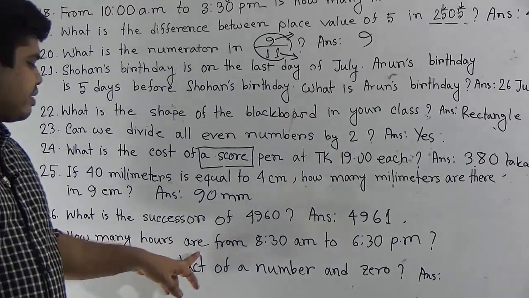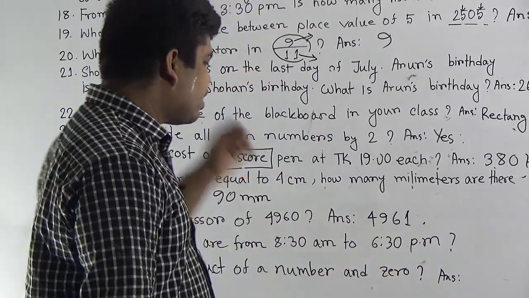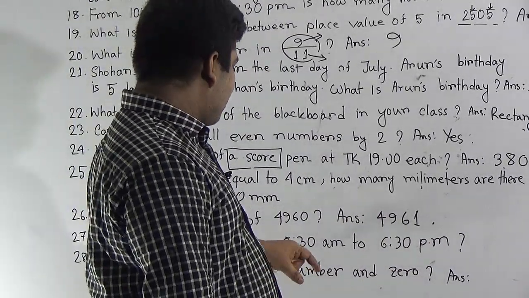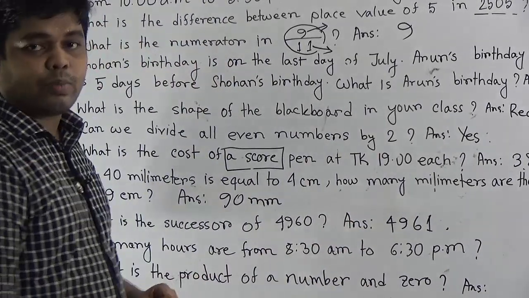How many hours are from 8:30 a.m. to 6:30 p.m.? Before starting to solve this math, you need to know 8:30 a.m. to 12:30 p.m. is equal to how many hours?